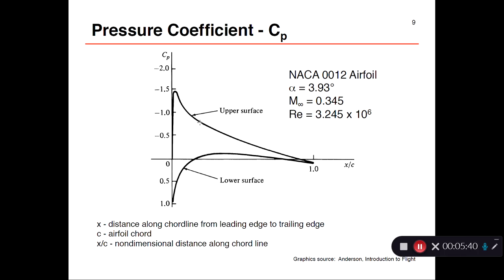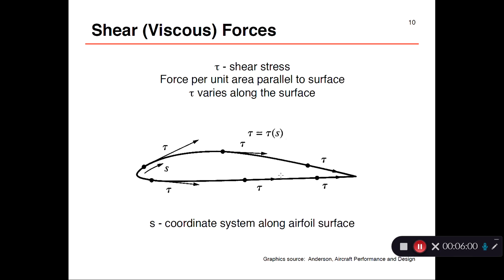This is what we call an adverse pressure gradient region. On the lower surface, something more or less similar happens, but not quite so dramatic a rise, not quite so dramatic a fall. The difference in the pressure between the upper and lower surface, essentially this area, is a measure of the lift coefficient.